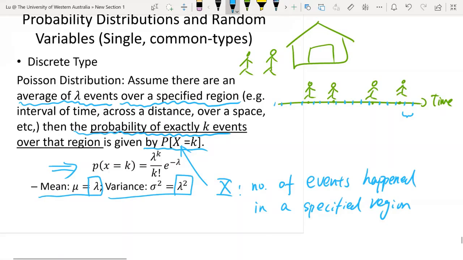Okay, so again, for the discrete type distributions, we need to understand, first, under what kind of situation we should use which distribution. Secondly, what are the PMF functions for these distributions? Finally, we must also be able to calculate the mean value and the variance.